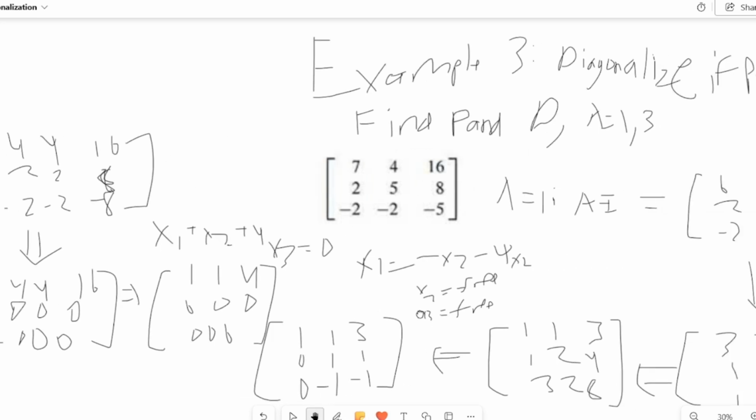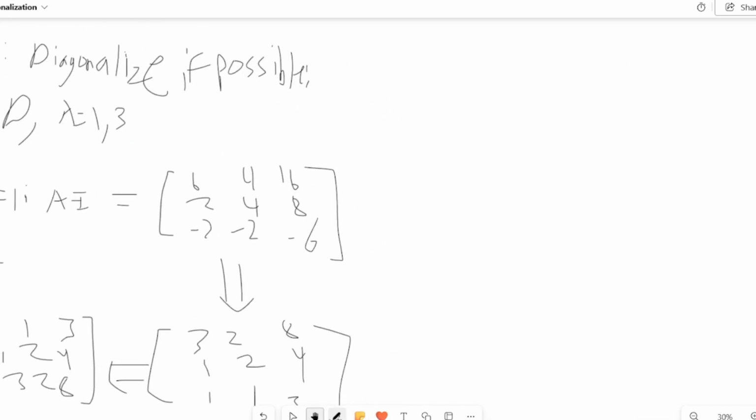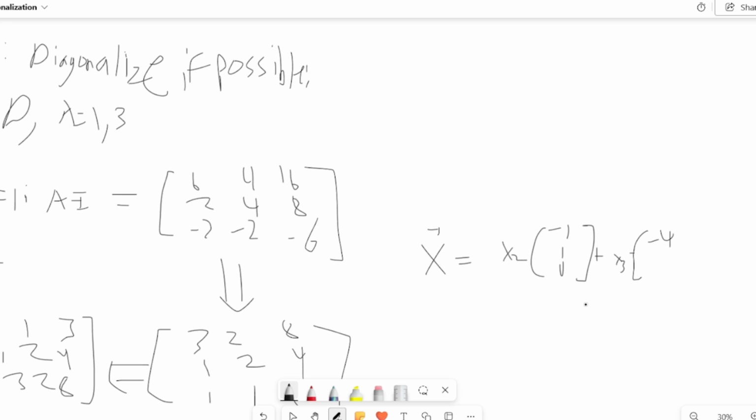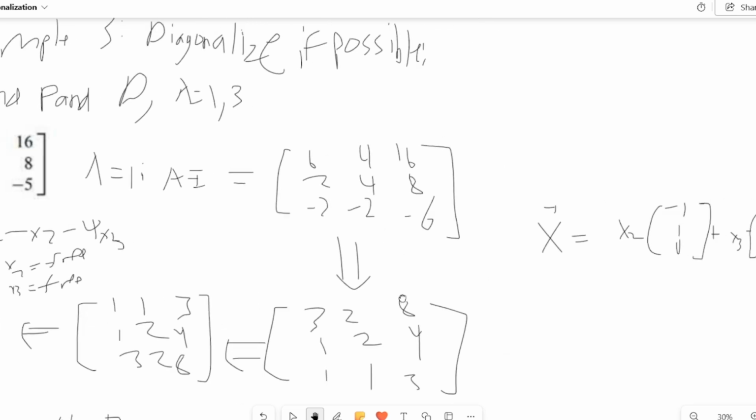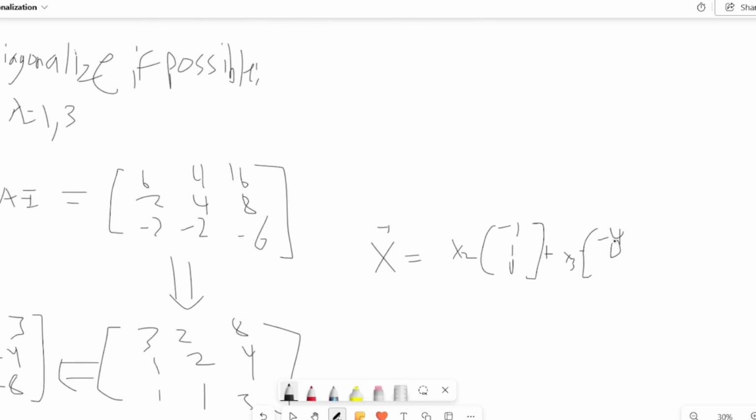And to put this in parametric vector form, we have the vector x equals x2 times (negative 1, 1, 0) plus x3 times (negative 4, 0, 1). And we have a 2-vector basis for our eigenspace.